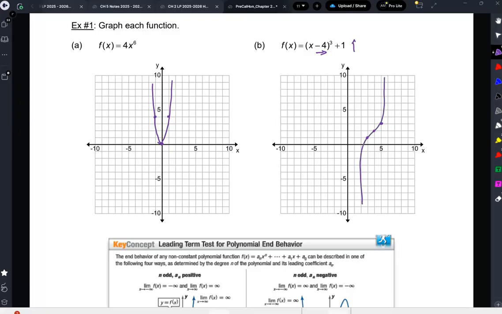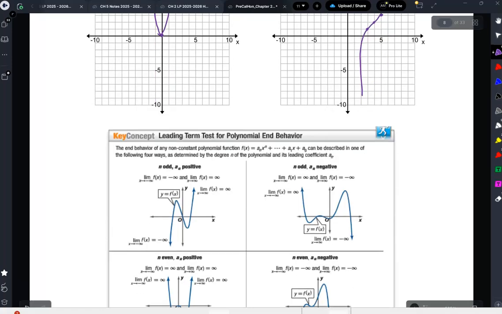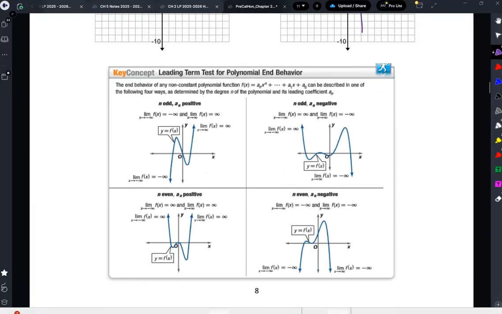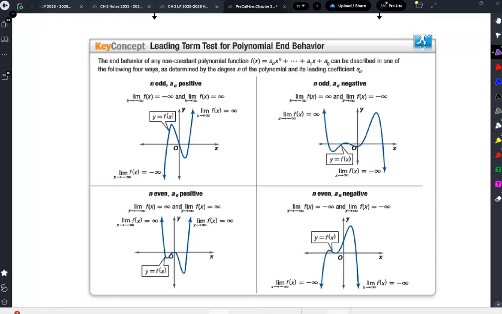Okay, now we really want to get past this and talk about the leading term test. So the leading term for a polynomial function is the term with the highest exponent, right? So if you take the leading term, suppose it's like ax to the n, where n is the exponent, okay?